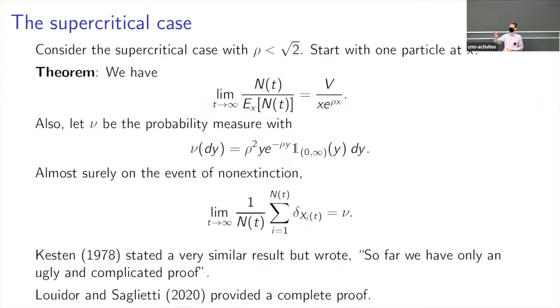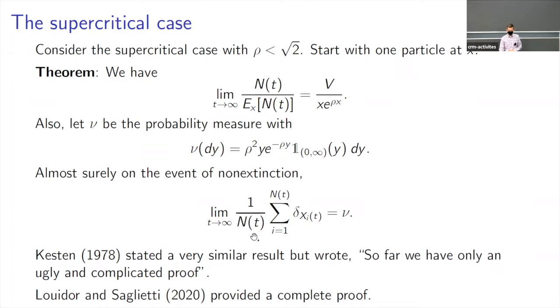So the limiting value v of that martingale tells us about, in the long run, how many particles are going to be alive. We're also interested in where the particles are located. Let nu be the probability measure on the positive real line whose density is given by rho squared times y times e to the minus rho y.